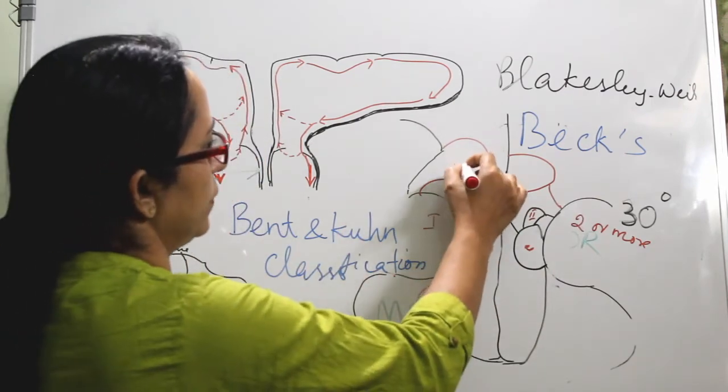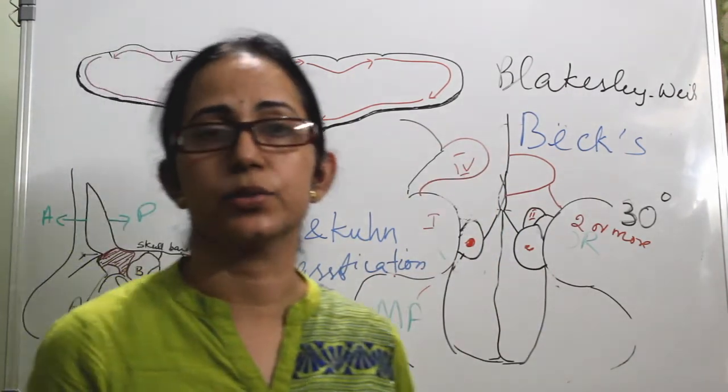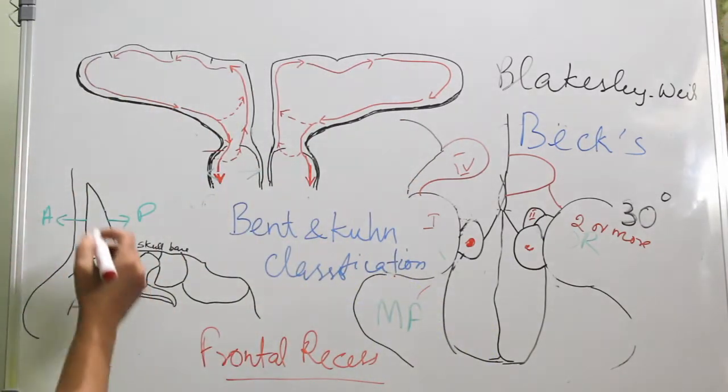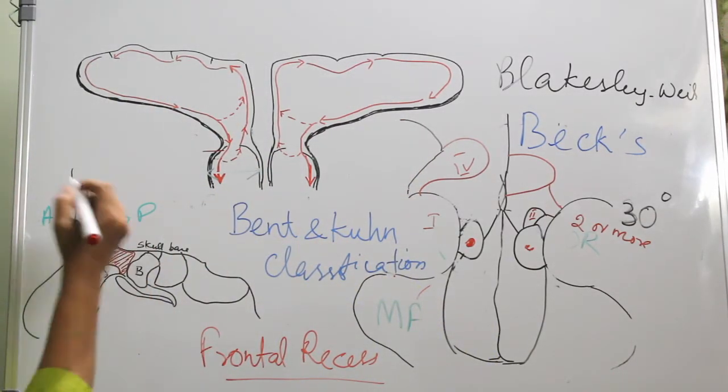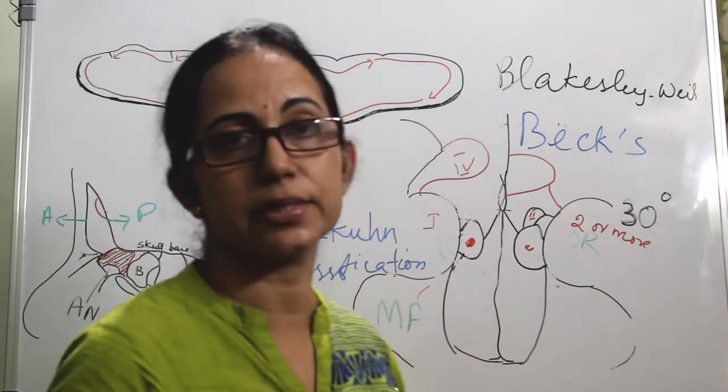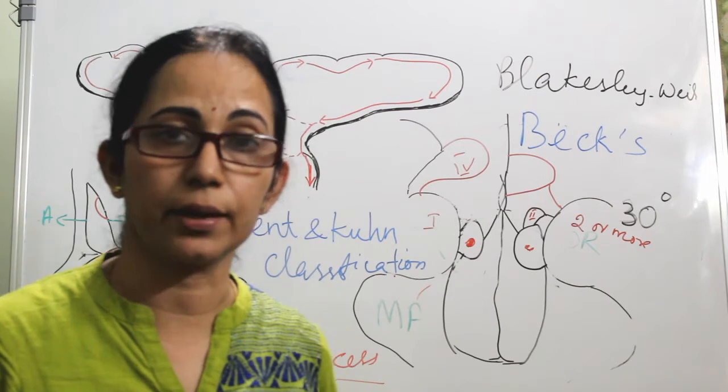This is type 4, a large isolated cell within the frontal sinus. Okay, if in the sagittal section you will see like this, a type 4. So that is the Bent and Kuhn classification. There are type 1, type 2, type 3 and type 4.